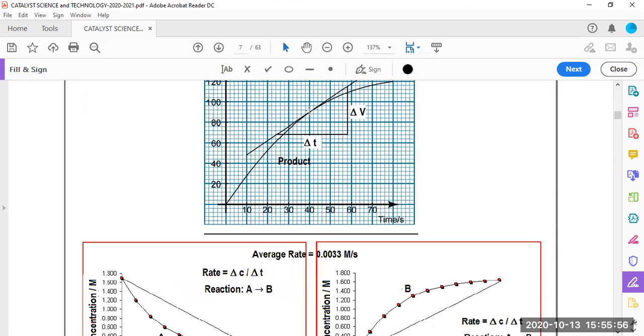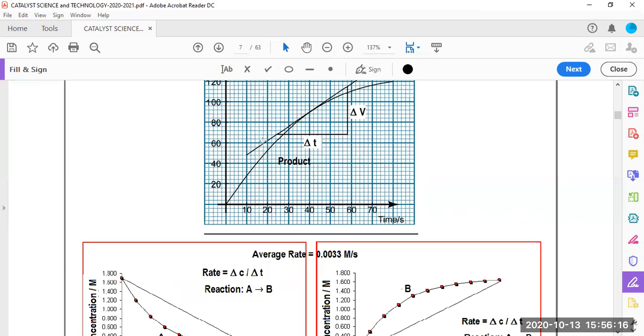For example, let's say you want to measure the speed or the rate of the reaction at second 40. At this time, we draw a tangent to that point like that.